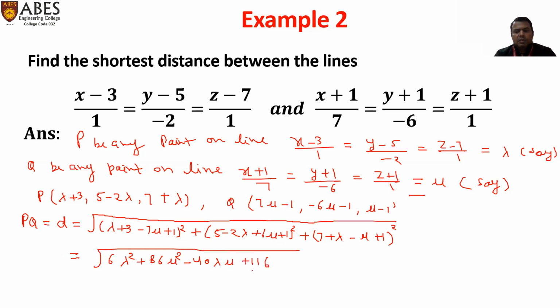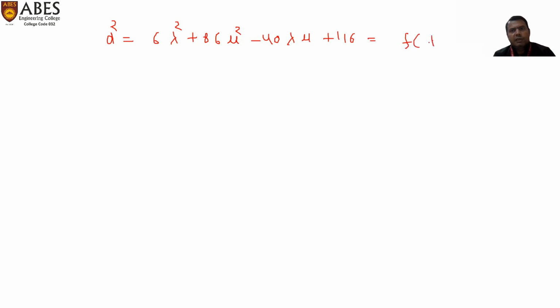Now, since distance is maxima or minima, its square will be the maxima or minima. So we take d square equals 6 lambda square plus 86 mu square minus 40 lambda mu plus 116, and we take it as a function f of lambda and mu.